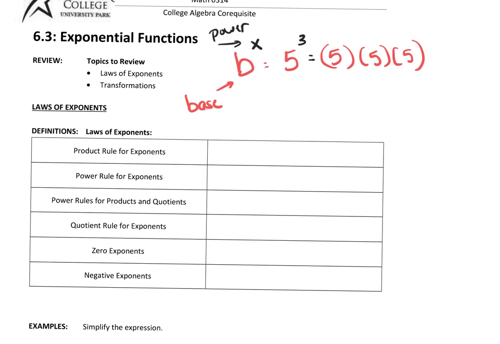And we start off with what we call our product rule. And the word product means multiply. So when we talk about the product rule for exponents, we would say something like, if they're the same base, for instance, if I have 5 to the third multiplied by 5 to the fourth, then what you essentially have is, in this first set, you have 5 times 5 times 5.